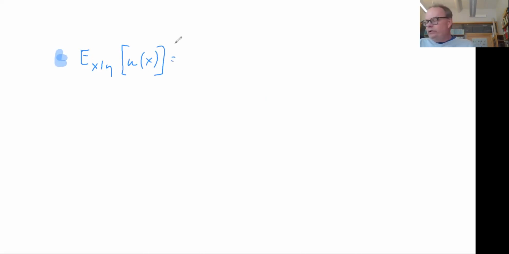Now this can be written as u of x times the density of this x given its parameters, which we have now assumed is this exponential family form.